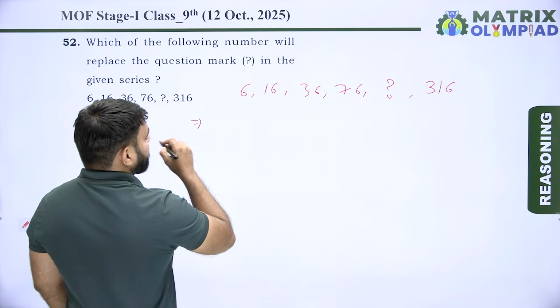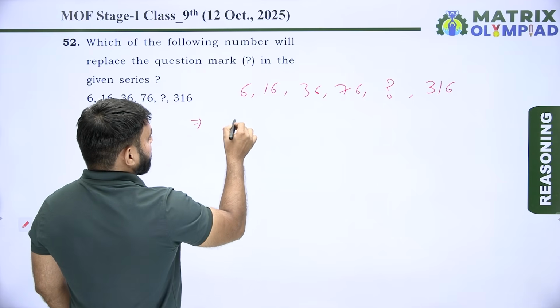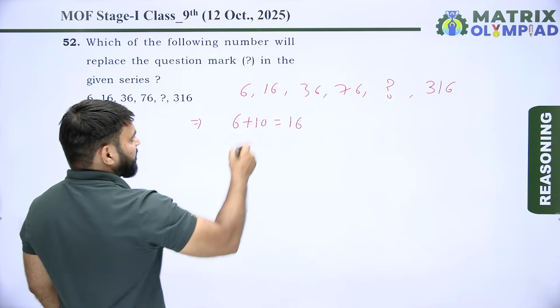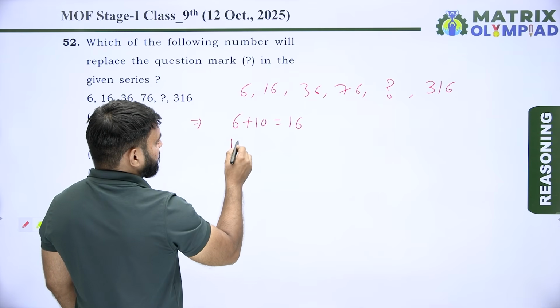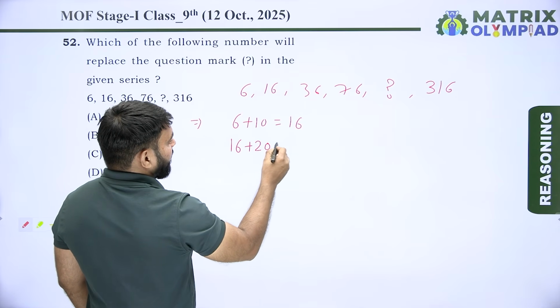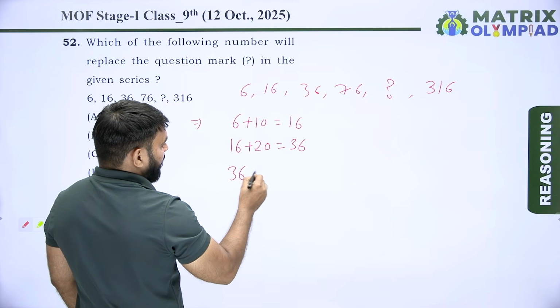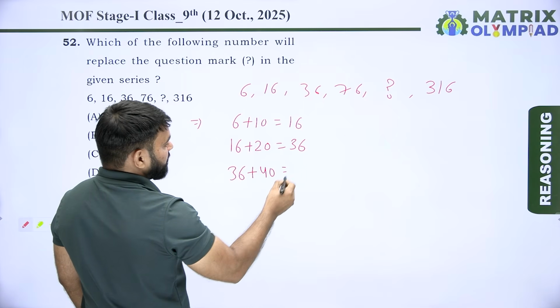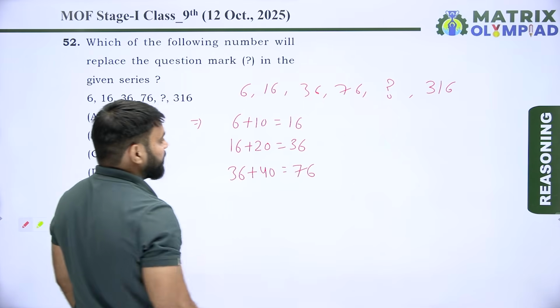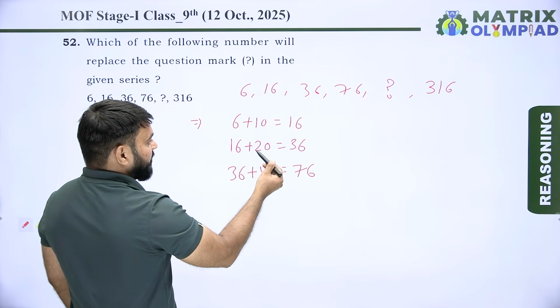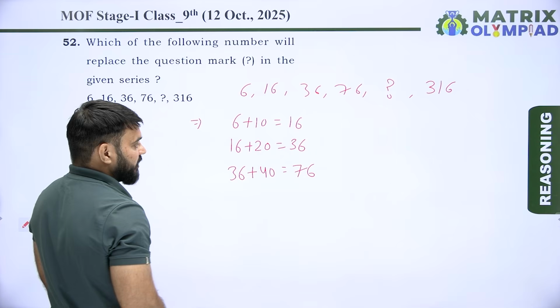The pattern of the series is: 6 to 16, it means 6 plus 10 is 16. Now 16 to 36, it means 16 plus 20 is 36. Now 36 plus 40 is 76. So now the pattern is plus 10, double of 10 is 20, then double of 20 is 40.